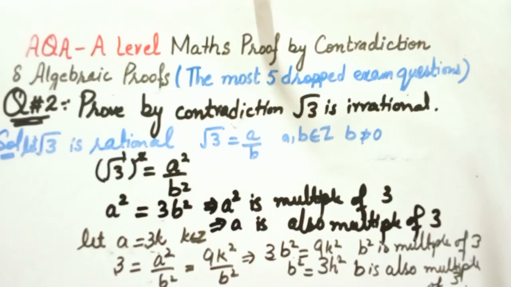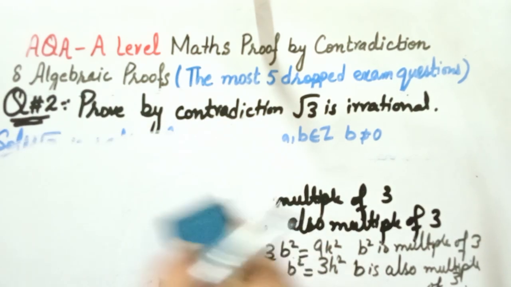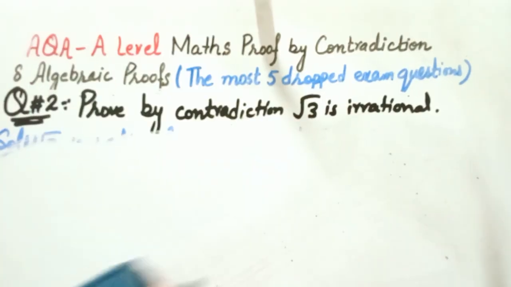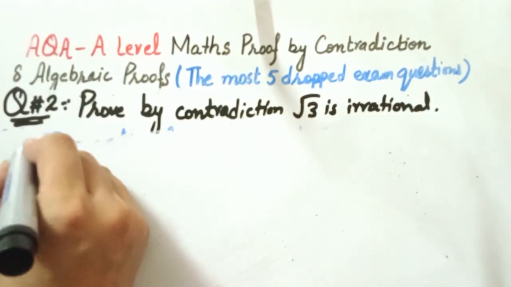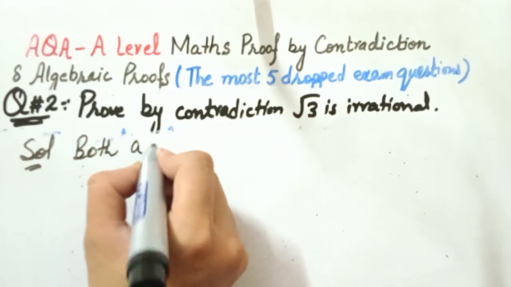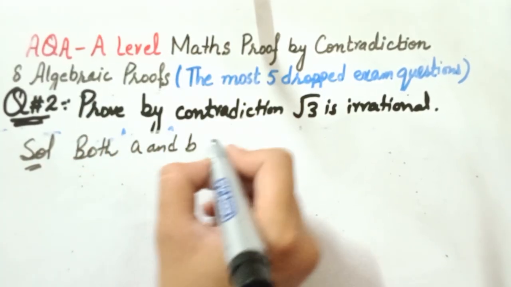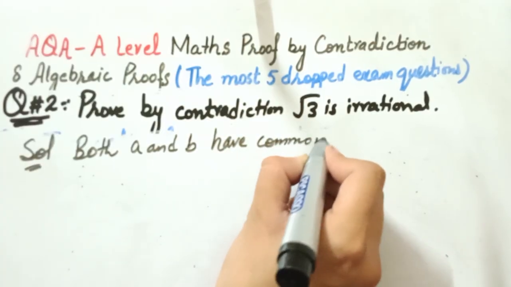When both are multiples of 3, we get that a and b share a common factor, which is 3.